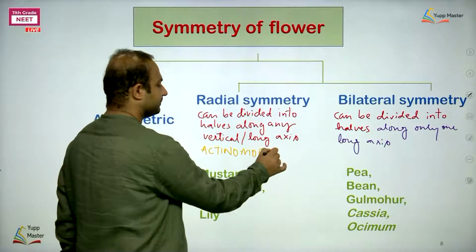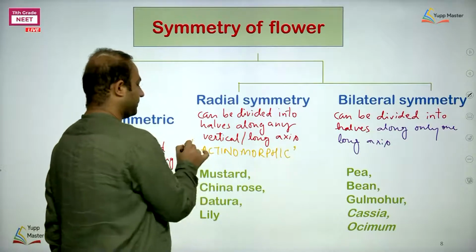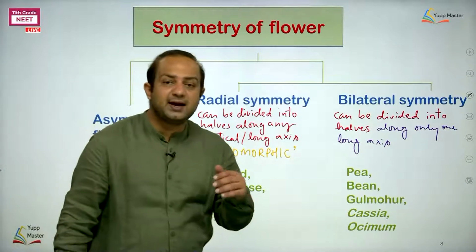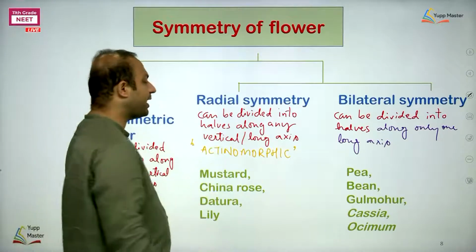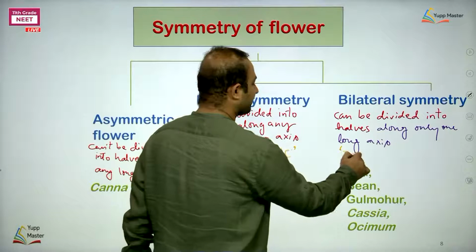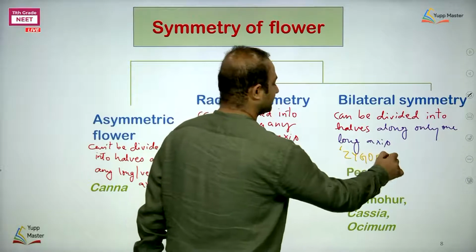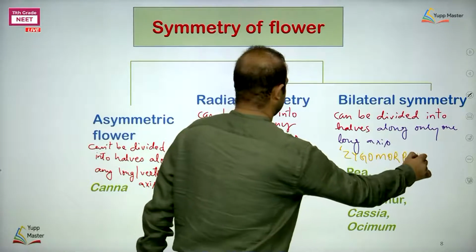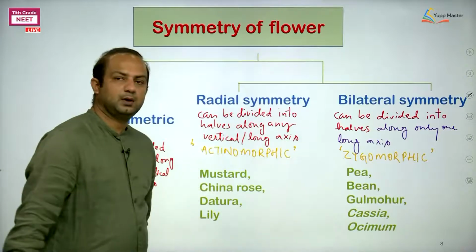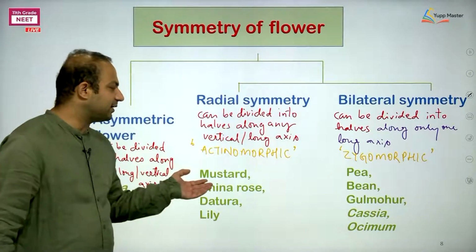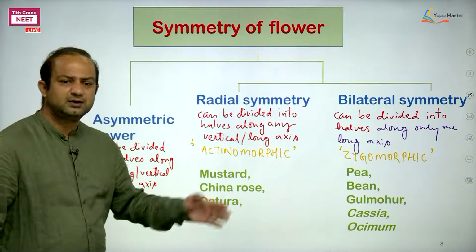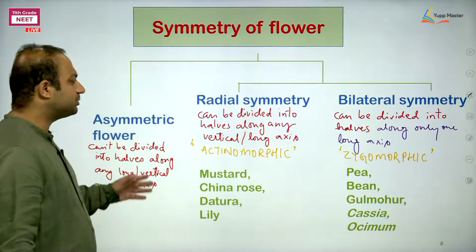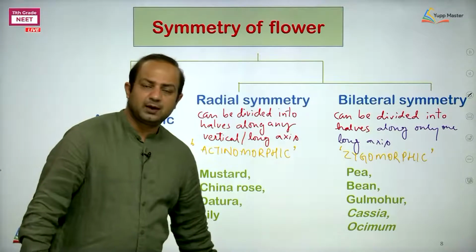And those having bilateral symmetry are called zygomorphic flowers. So these are the things we can mention about actinomorphic and zygomorphic. Clear? So this is the symmetry of flower.